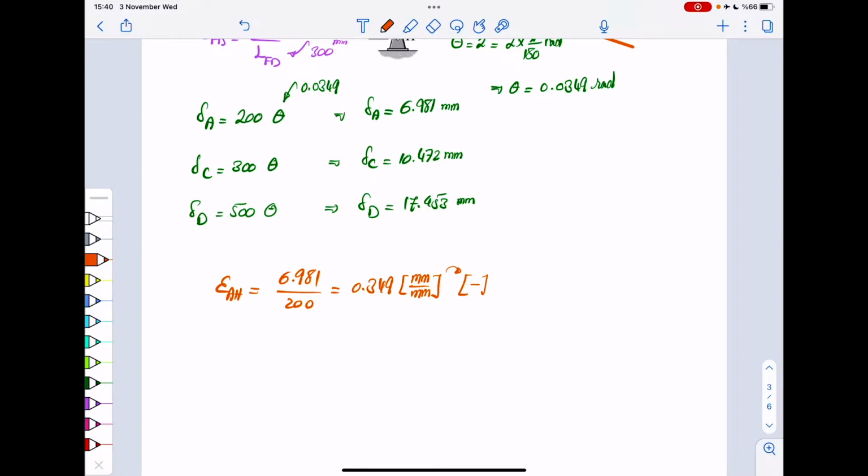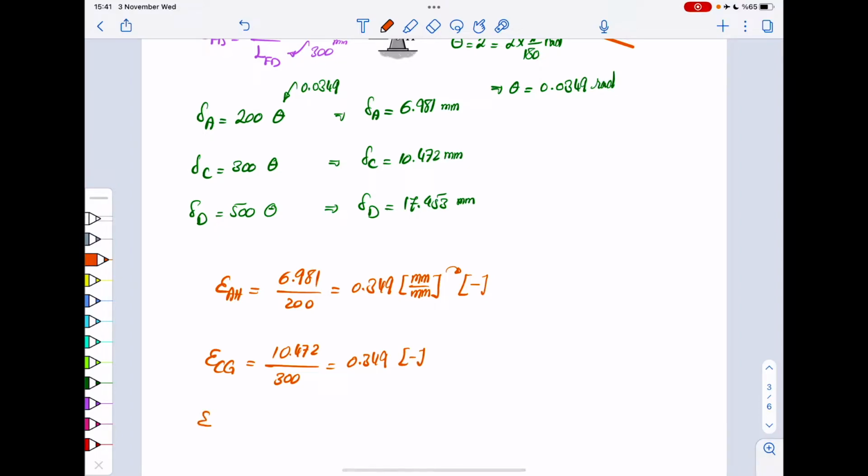That's epsilon AH. Then epsilon CG is 10.472 divided by 300. That's also 0.0349. Again, a dimensionless parameter.